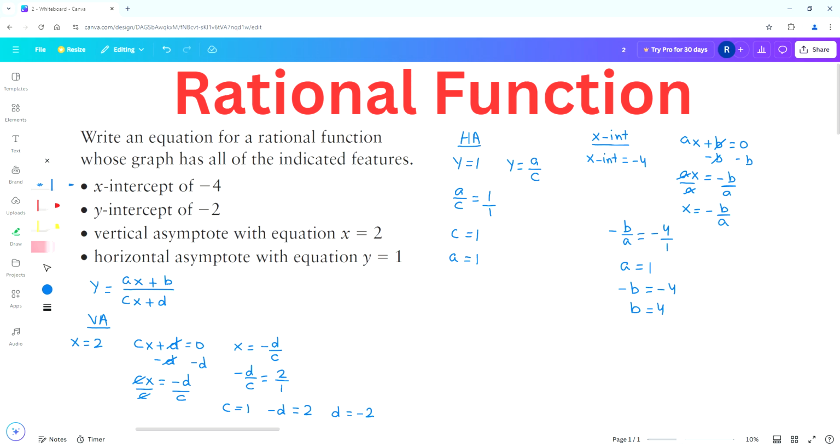Now we have the values for a, b, c, and d. We can validate these values by doing the check for the y-intercept. The given y-intercept is negative 2. We can find the y-intercept from the general equation by subbing in x as 0.